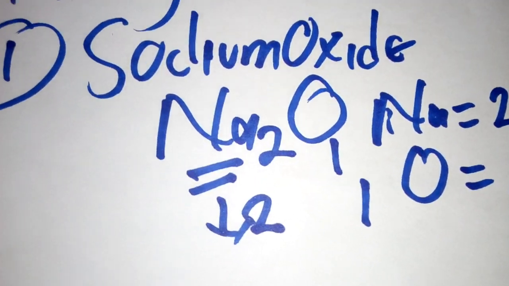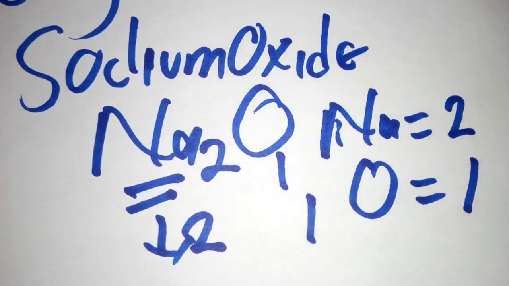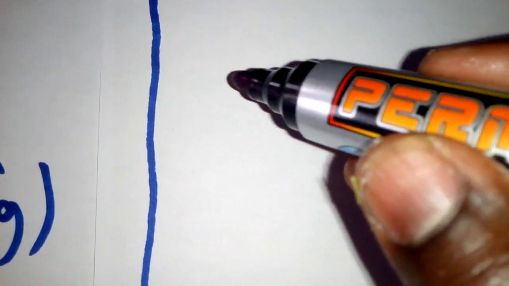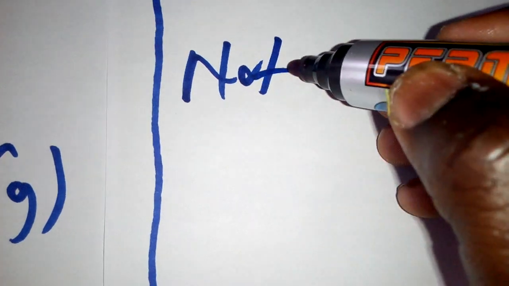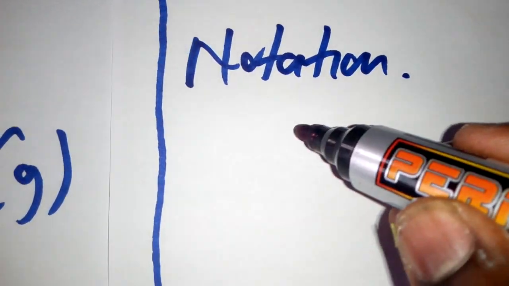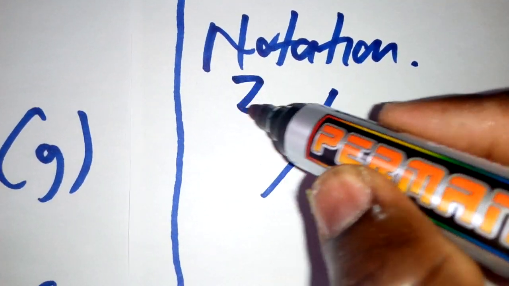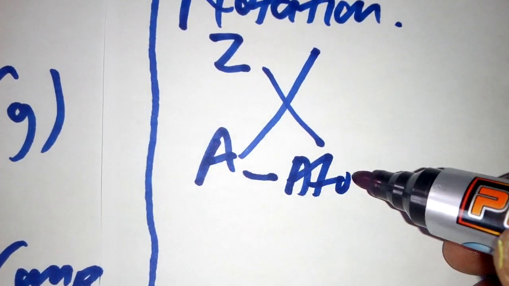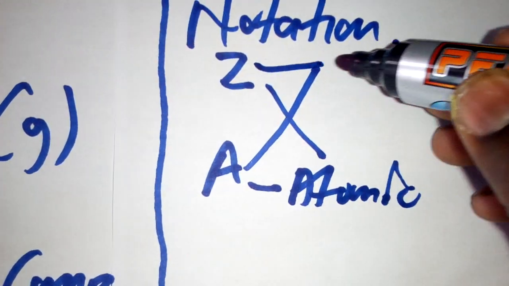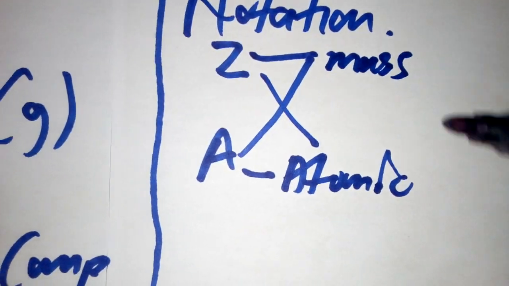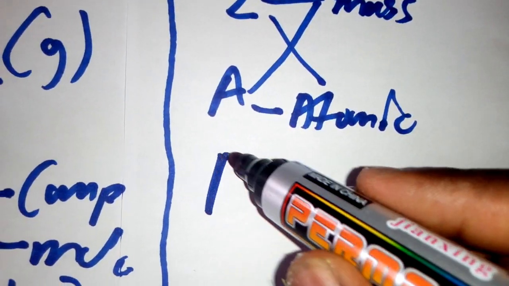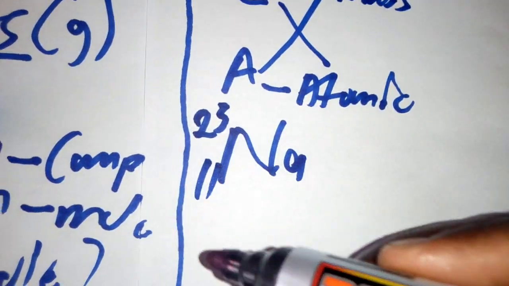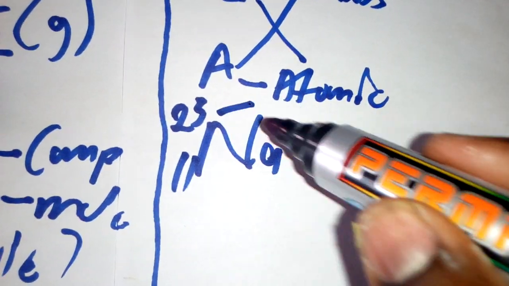Back to the O-level concept: when I have the notation of an atom, I have X, this is Z, and this is A. The A is the mass number, and the Z is the atomic number. If I look at sodium, Na, here is 23 and 11. Meaning this is the mass.